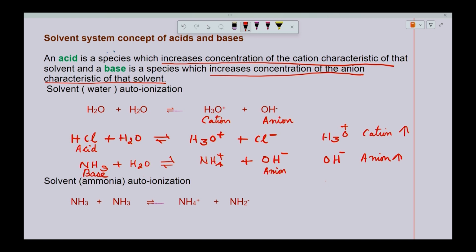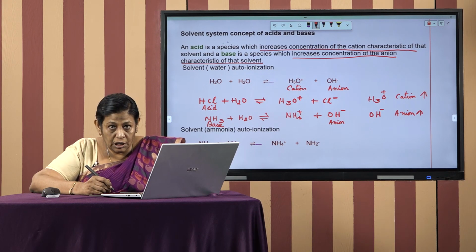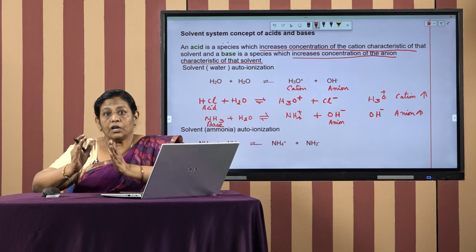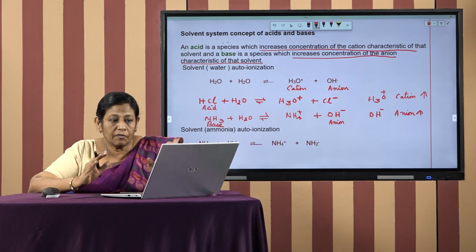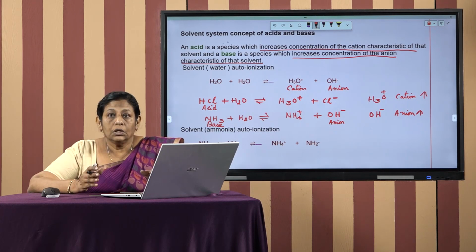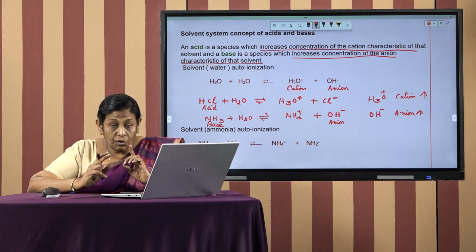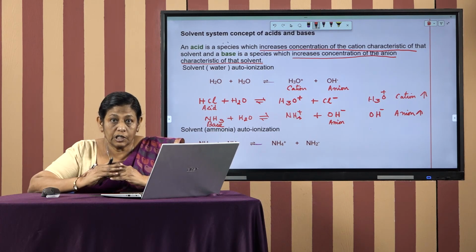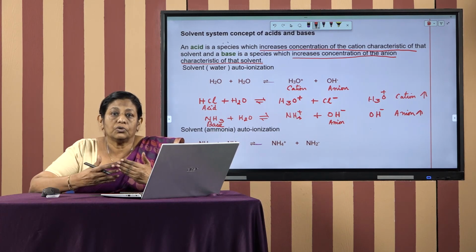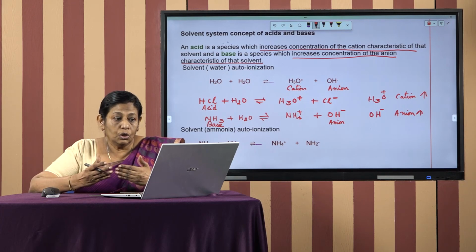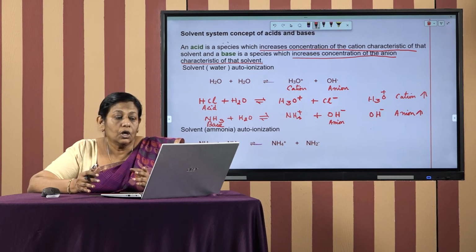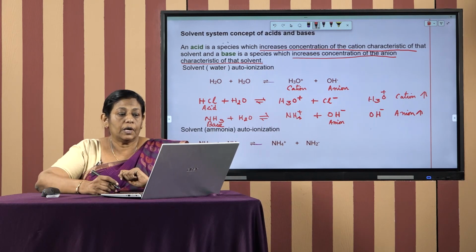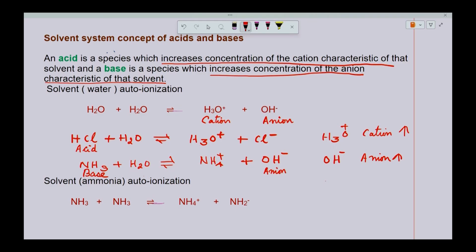Hope it is clear. When the reaction takes place, you will have both cation and anion formed from that substance when we add it to water. For HCl you have a cation as well as an anion, but the ion which is characteristic of the solvent is the one whose concentration increases. Water has its own cations, and in addition you will have additional cations coming from the HCl added to it, that is H3O plus ions.